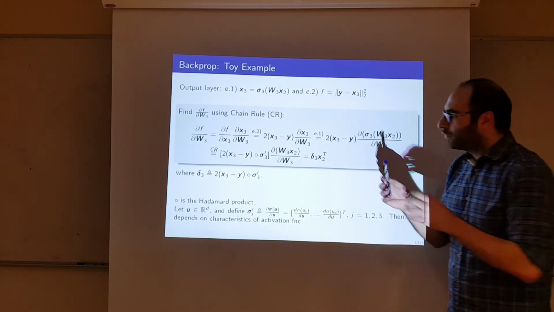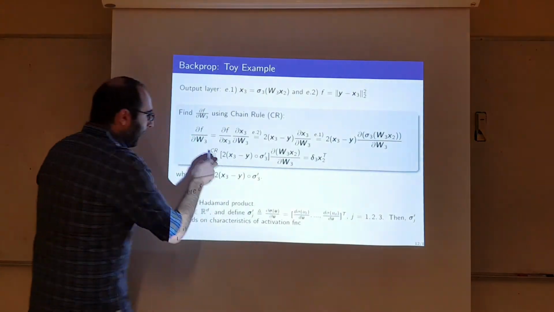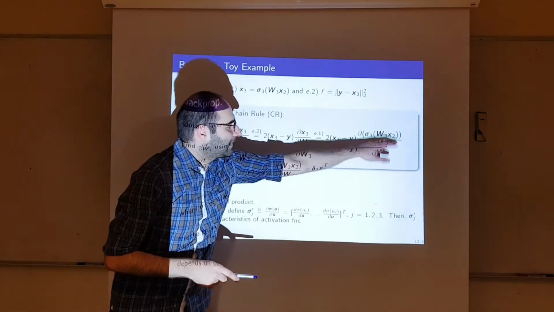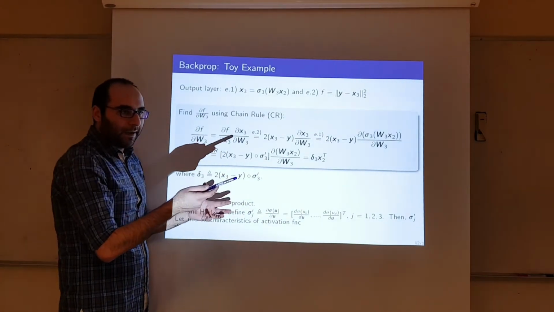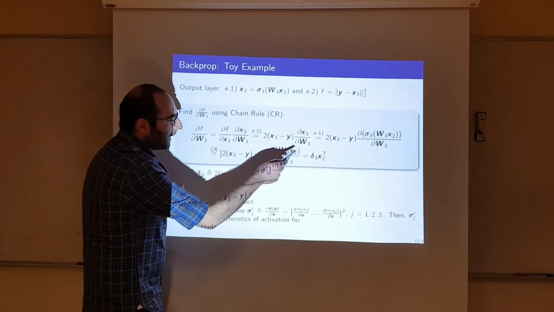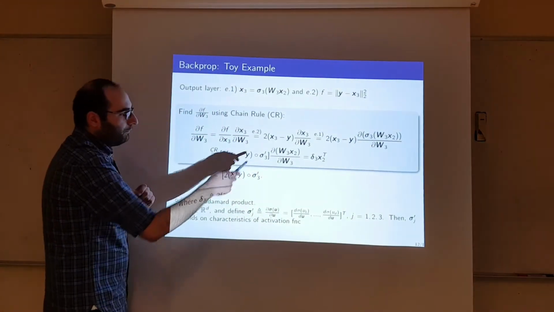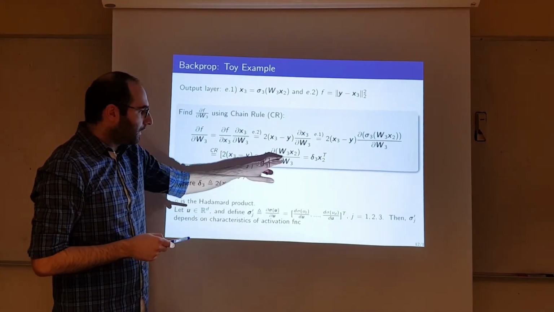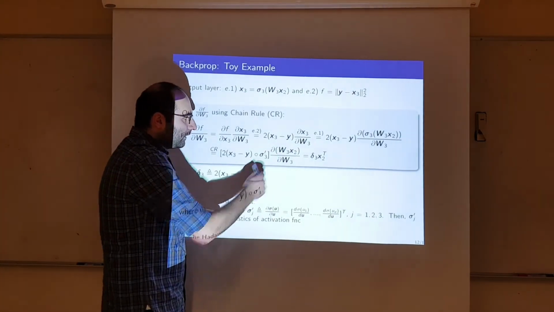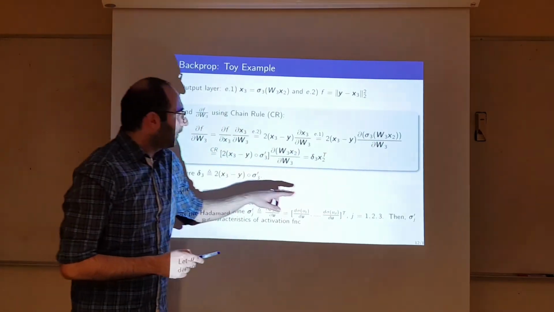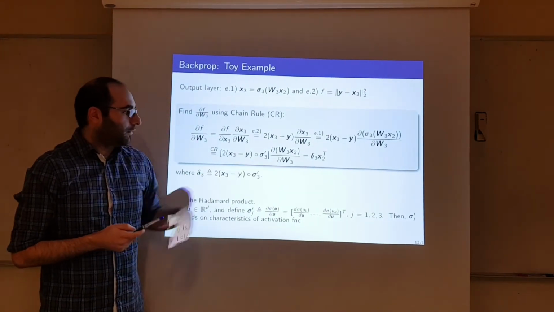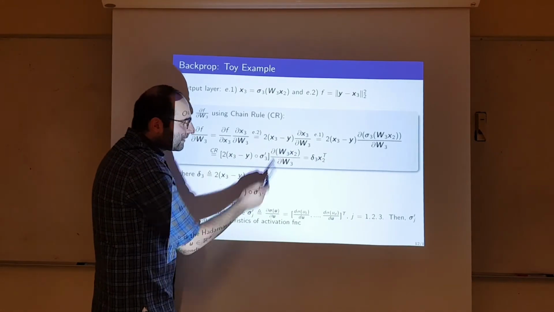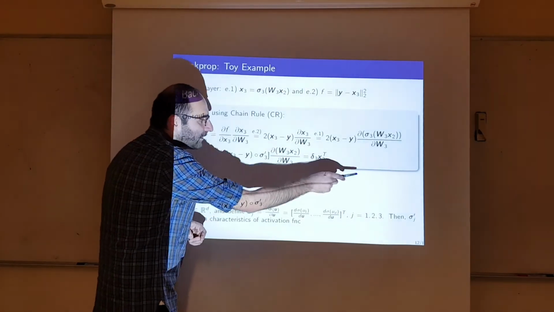If we apply the chain rule again to that last term, with some manipulations that we can skip, since this is very simple, we get sigma 3 prime, which I will talk about later, times the gradient of w3 x2 with respect to w3. And as you see, this is linear in x2, so this gives us x2 transpose.